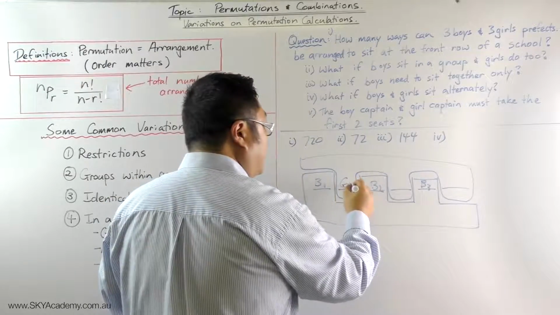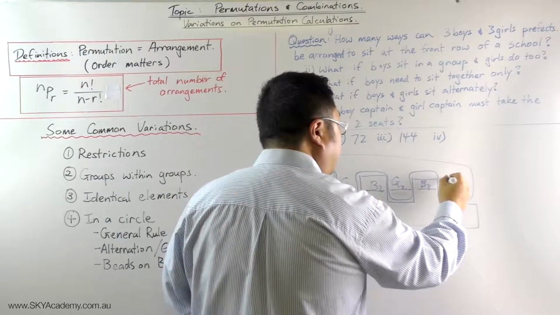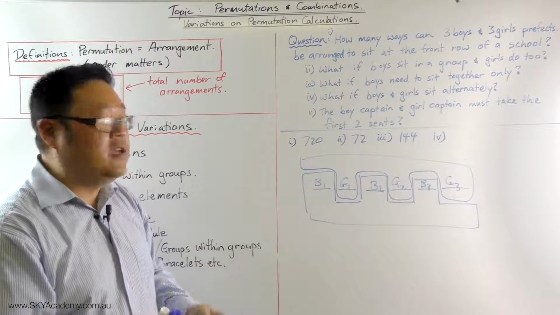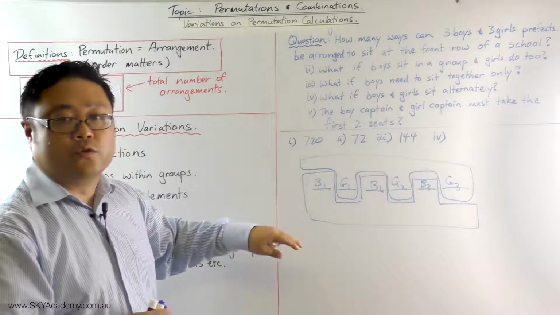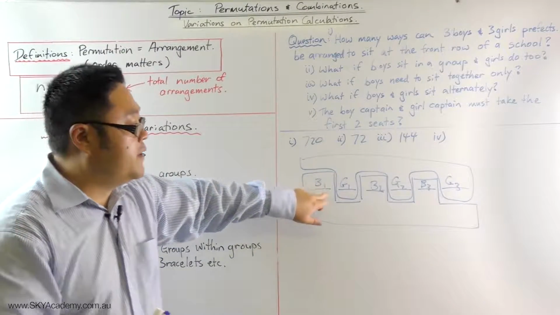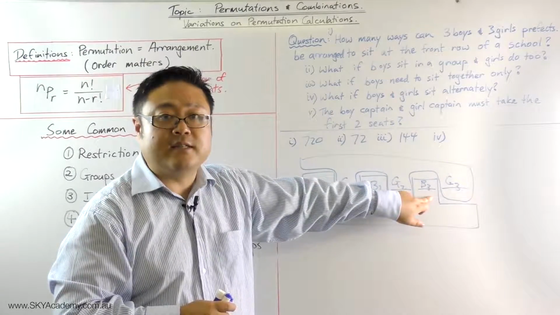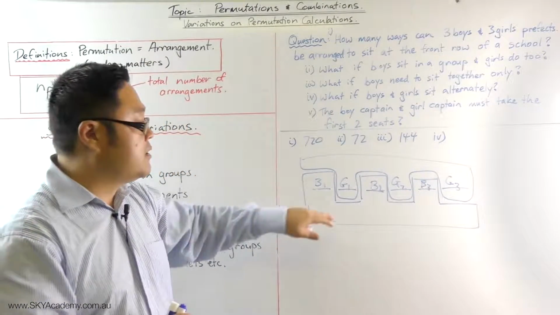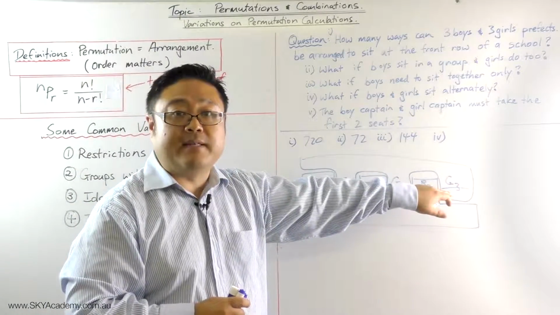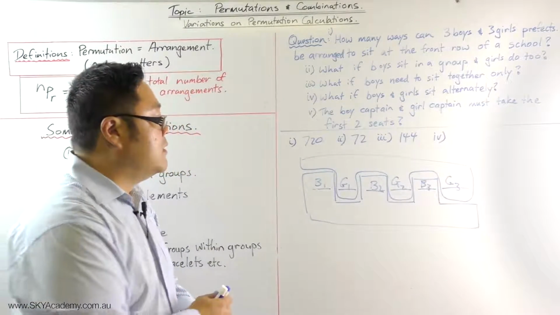And this is girl 1, girl 2, and girl 3, right? Do you see that you've basically got two groups? Yeah? You've got the group of boys, which will occupy the first, third, and fifth seats. And you've got the group of girls, which will occupy the second, fourth, and sixth seats. Does that make sense? Cool.